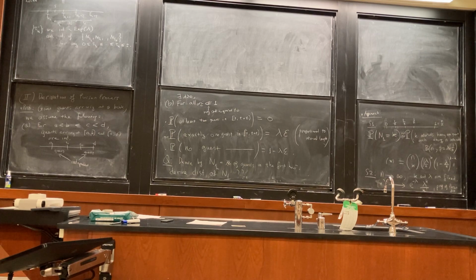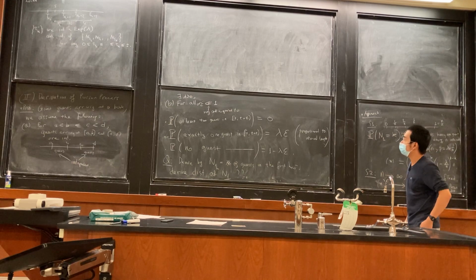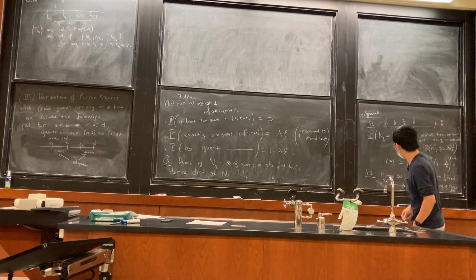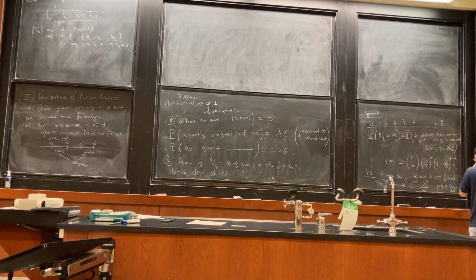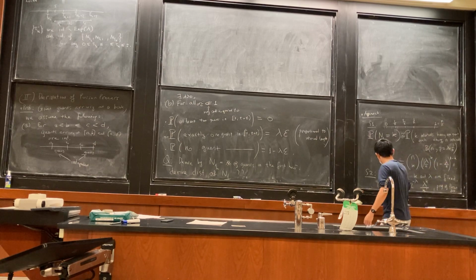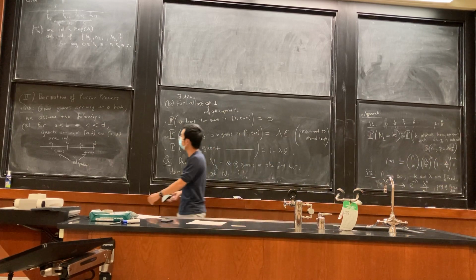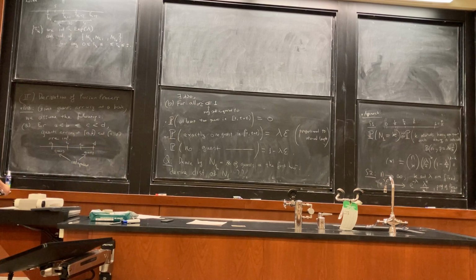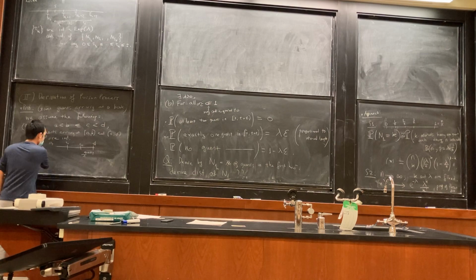And that's why we have the property of the Poisson process: independent increments, and the number of guests on each interval has a Poisson distribution. So I guess we want to go to the conclusion.